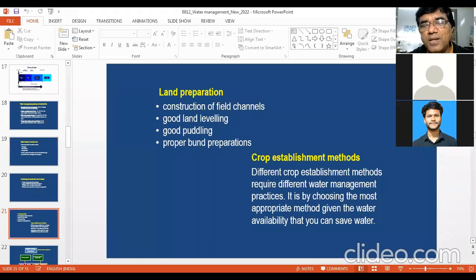So according to that, he should choose the method of establishment. If sufficient water is there, free water and excess water is there, better to go for transplanted, puddle transplanted, conventional rice culture. If a scarcity of water is there, less scarce, then go for alternate wetting and drying. If it is too scarce, then go for aerobic rice or direct seeded rice. So many options are available.